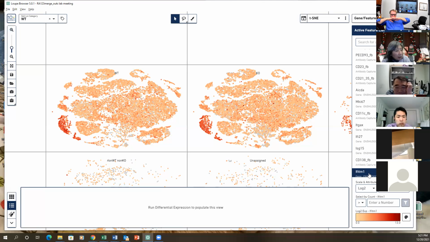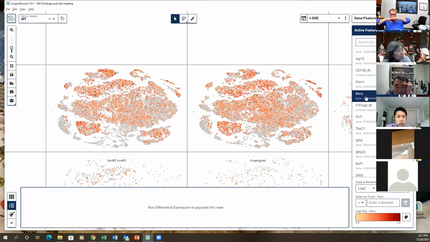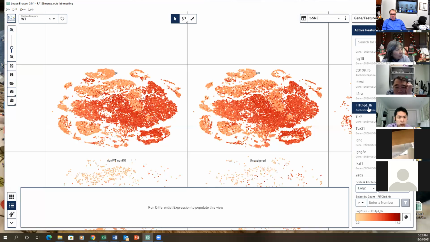This is IFITM1. You can click the button and go back. You just click the button, and it can tell you the differential expression genes between those 2 groups for the entire cell population. I think we just want to take a quick look. You keep clicking on the ones we know.